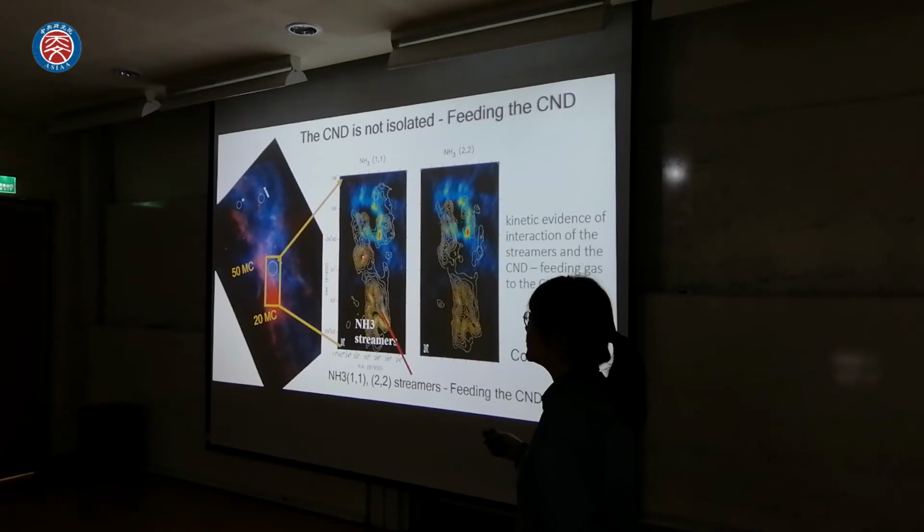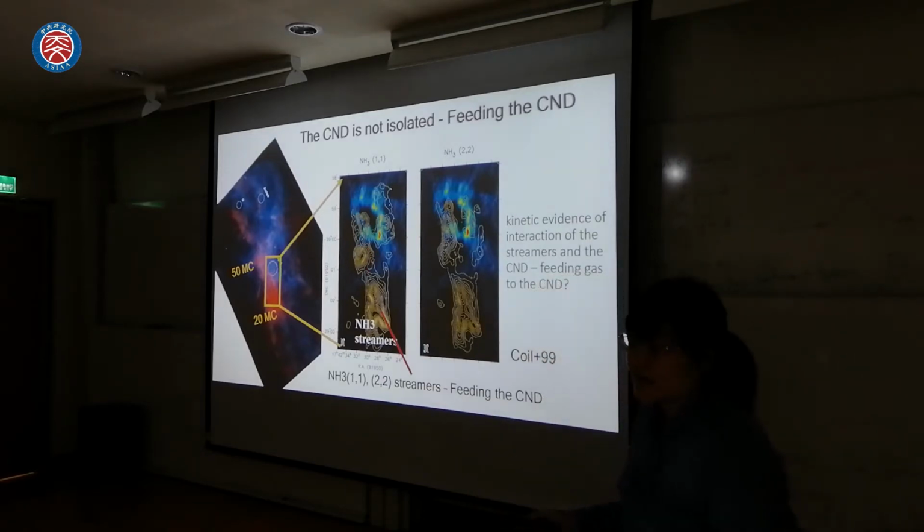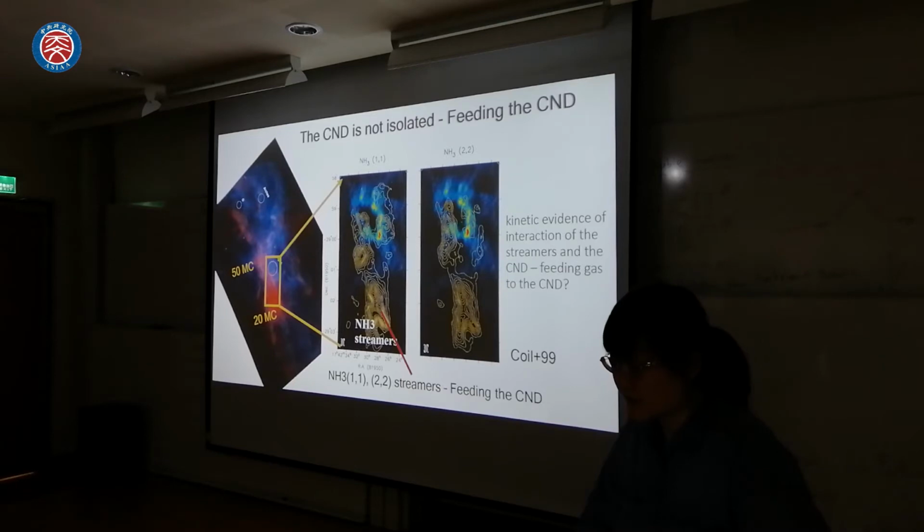These streamers are revealed by the ammonia molecule. These streamers coming from the Galactic disk are apparently interacting with the CND, suggesting that even though the CND is short-lived, it can be fed by the external environment. But this is a very dynamical process.